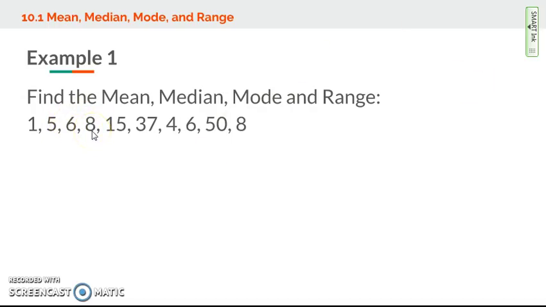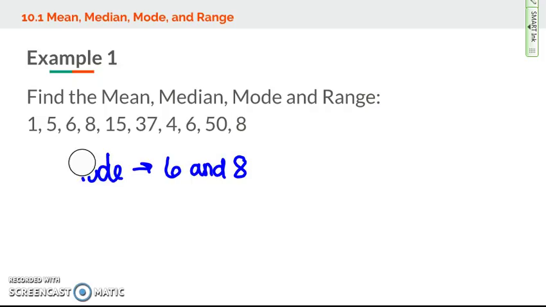That was the most that we had. And because they both have 2 of them, so they're the same, we have 2 answers for our mode this time. So our mode is going to be 6 and 8. Okay, so we have to include both numbers because both of them repeat the same number of times.